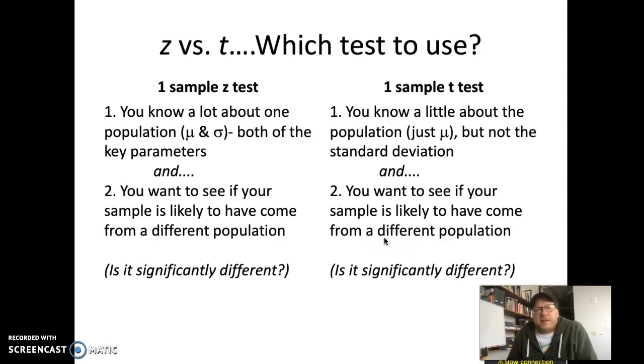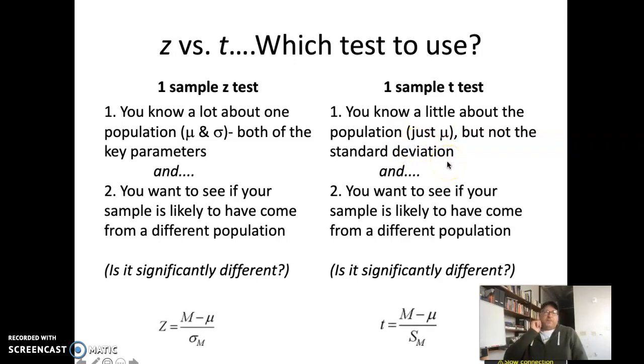So the context here is almost the same, in that in both cases the z-test or the t-test is used to find out if our sample is somehow different. The only difference is we would use the t-test if we only have mu and have to use the standard deviation from the sample.